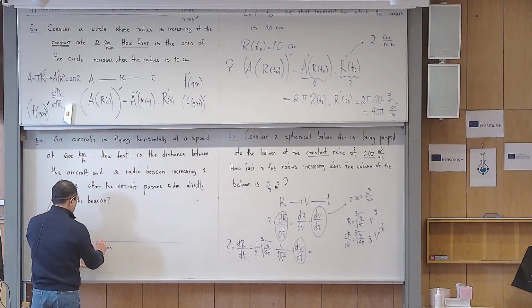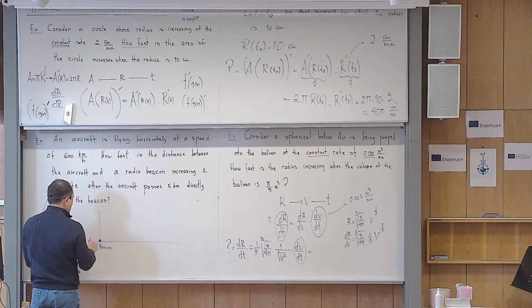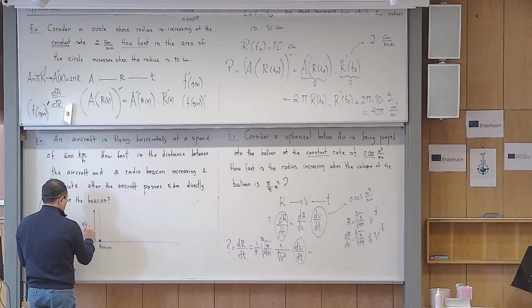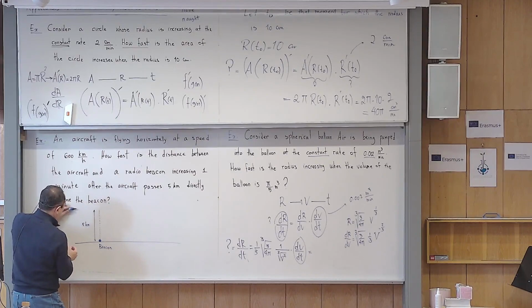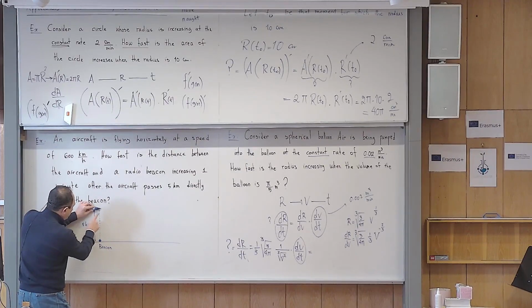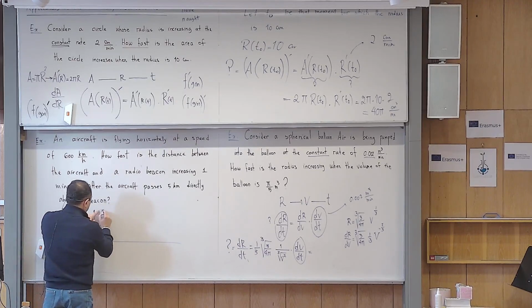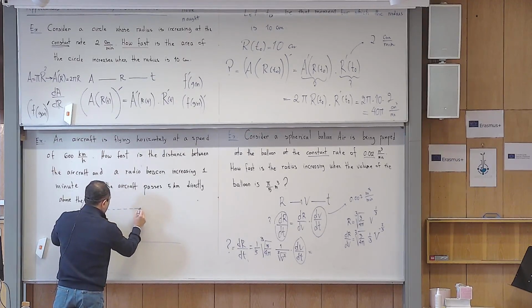So it means that let us go 5 kilometers directly above. So this is 5 kilometers. Okay, so the aircraft is coming in this horizontal line. After it reaches this point, 1 minute later, the aircraft is somewhere here.